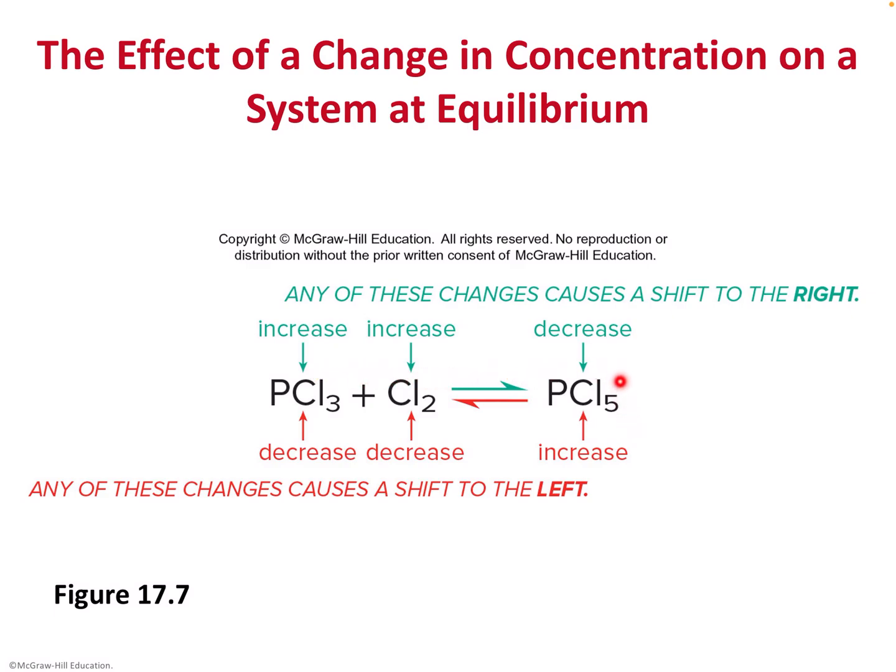And if you increase it, you don't want to keep it increased, so more of the PCl5 will start reacting to give the reactants. So the green ones, any of these changes cause a shift to the right, and the red ones, increasing the product or decreasing the reactants, any of these changes cause a shift to the left.